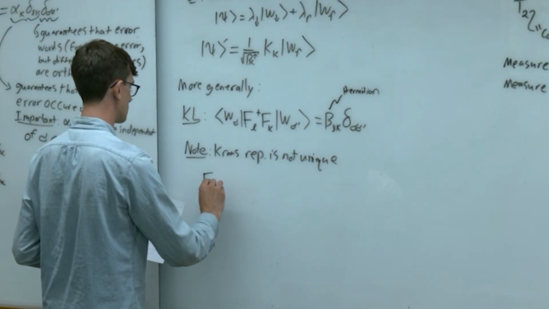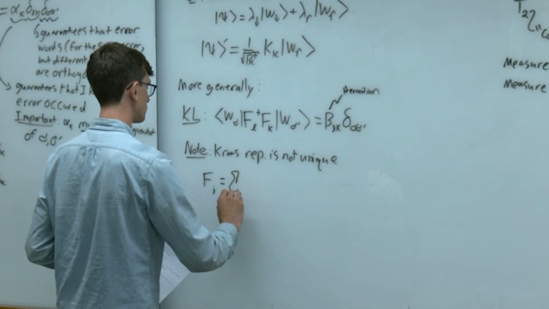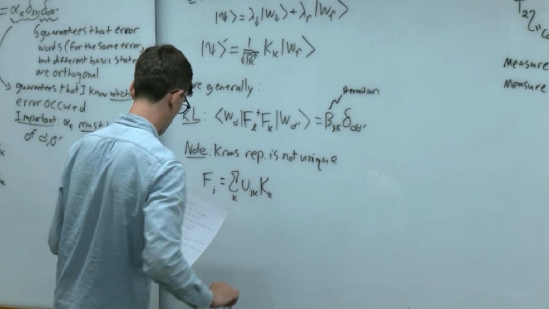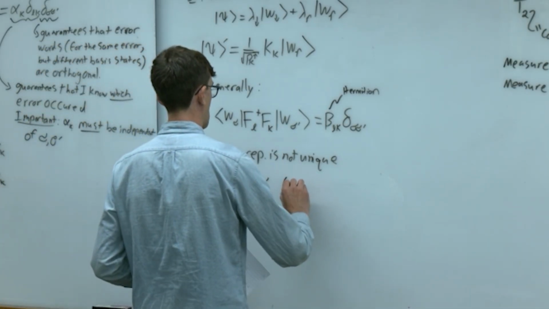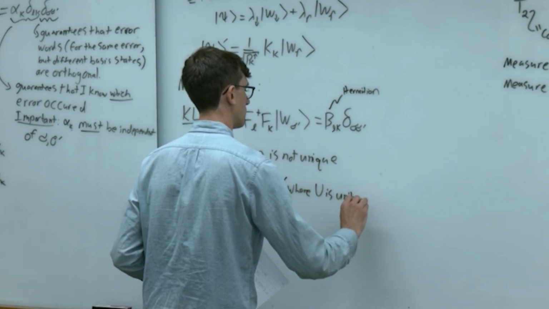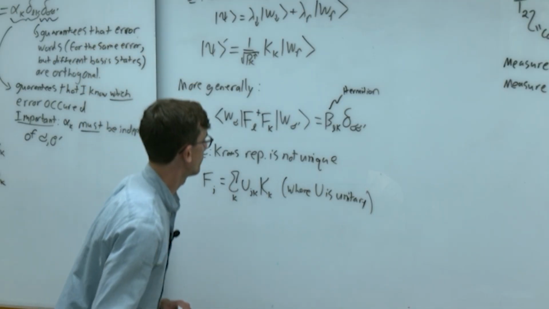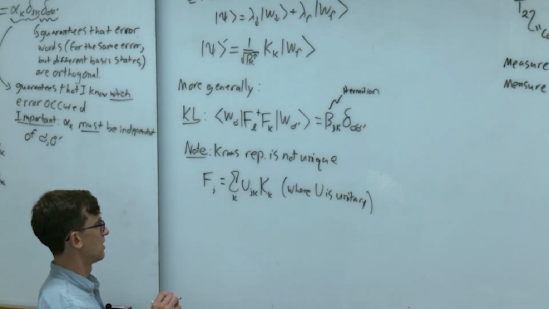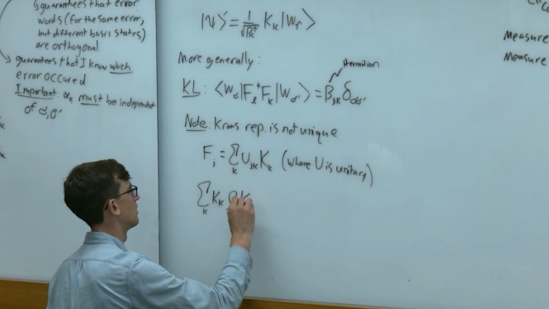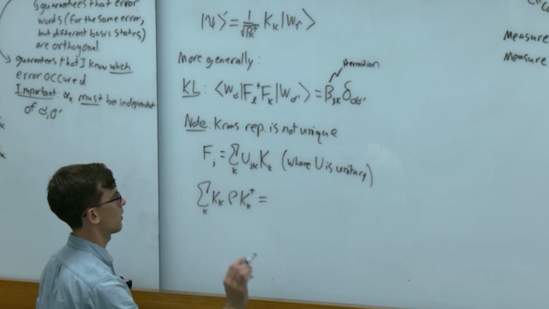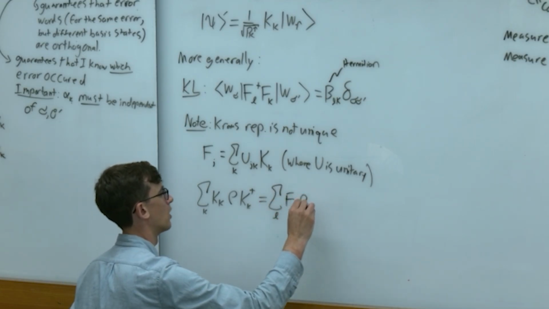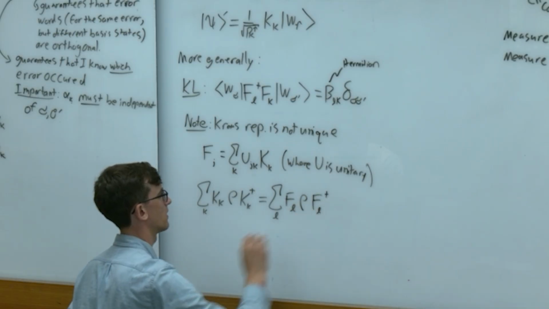So I have my F_j's, which are a sum on k of U_jk K_k, where U is unitary. And if my density matrix transforms as summation on k, K_k rho K_k dagger, I can just as well write that as summation on L, F_L rho F_L dagger.